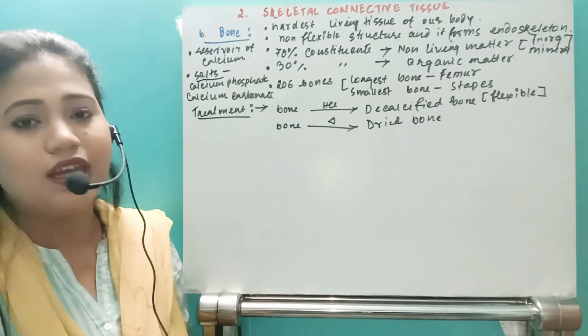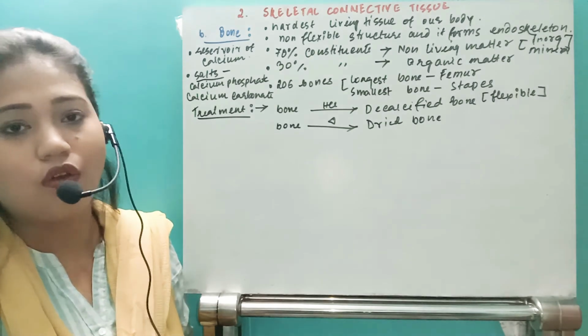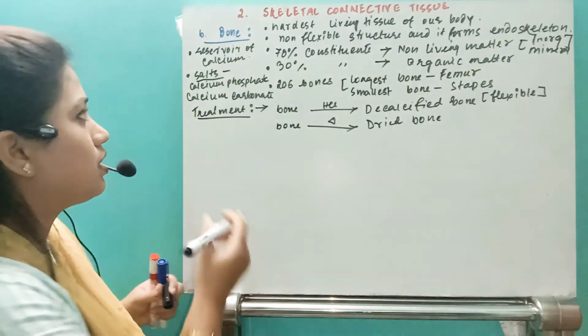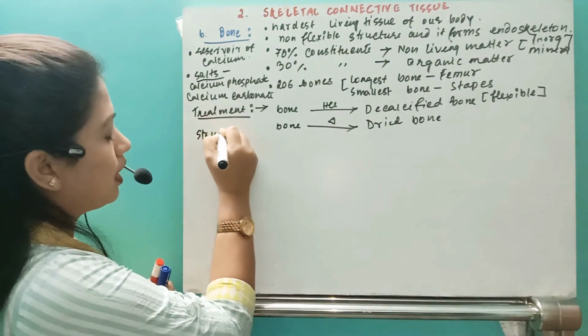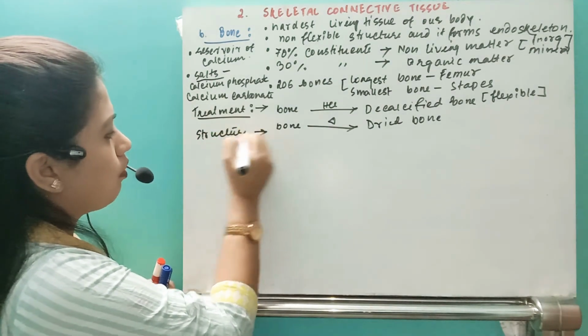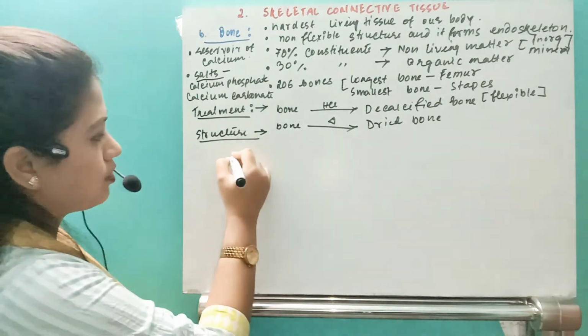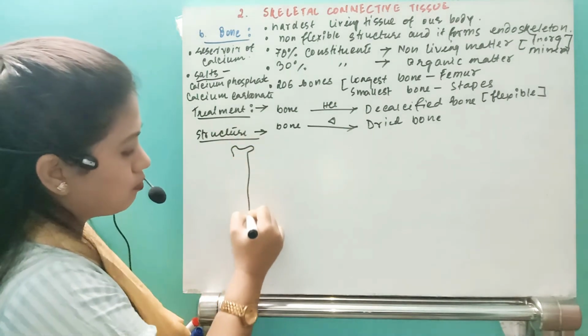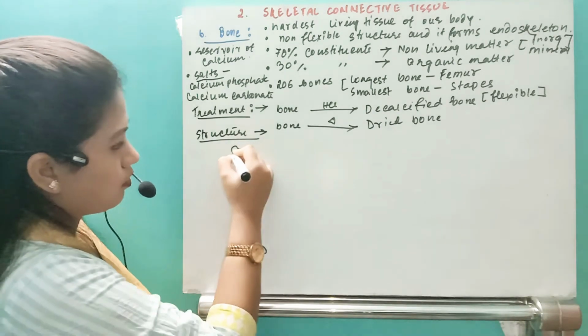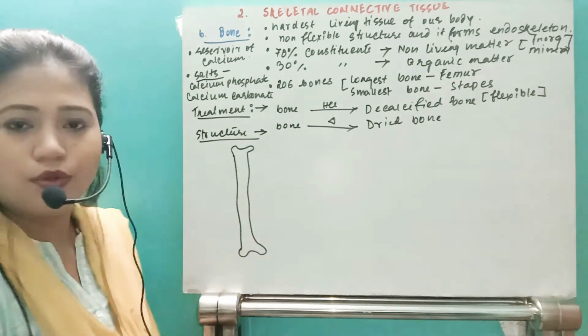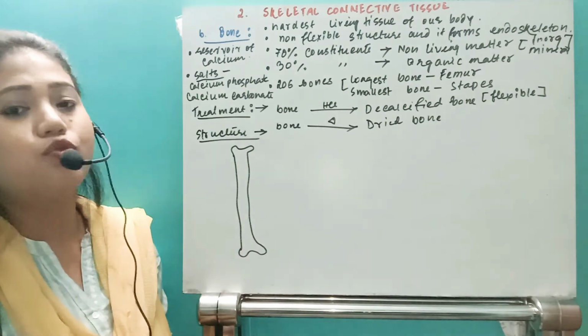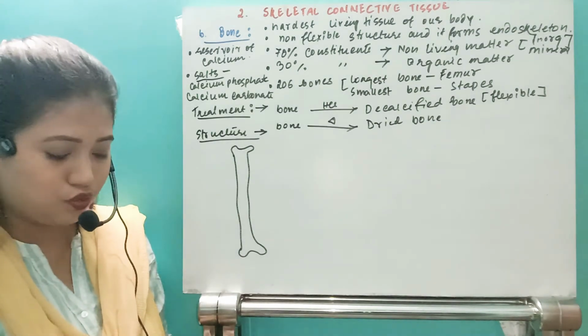Now, after that, let us see the structure of a bone. We have a prior idea how a bone looks, isn't that so? Suppose this is the bone. This bone will have two parts, right? What are the two parts?